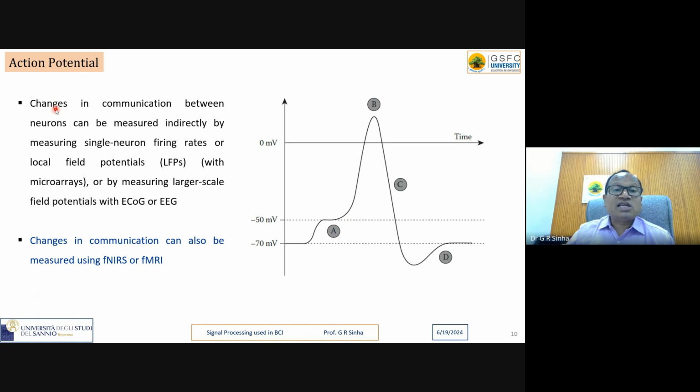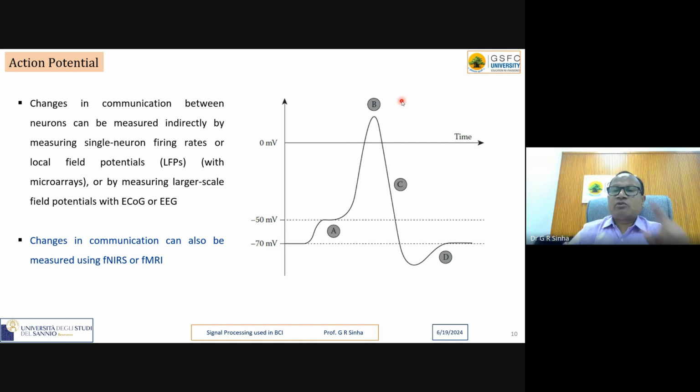Action potential: changes in the communication between neurons. When neurons are communicating between their groups, that is recorded in terms of firing rate or local field potential. Potential is nothing but electrical voltage, measured with microarrays, or large-scale potentials measured with the help of EEG. So whenever firing happens, suppose a group of neurons interact and fire each other.